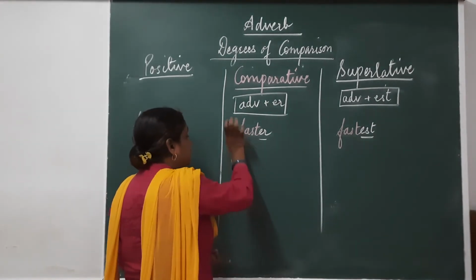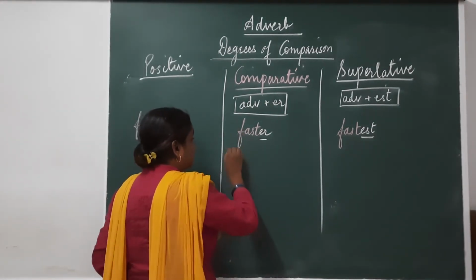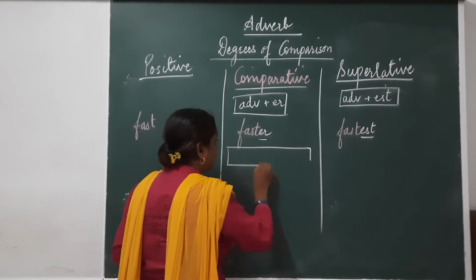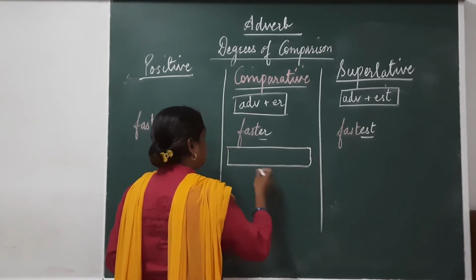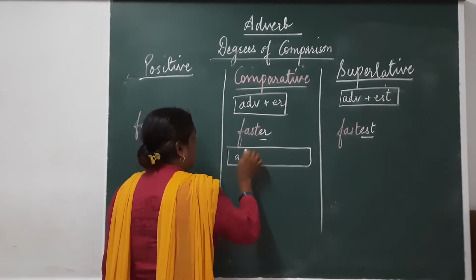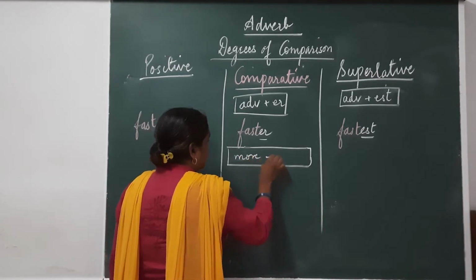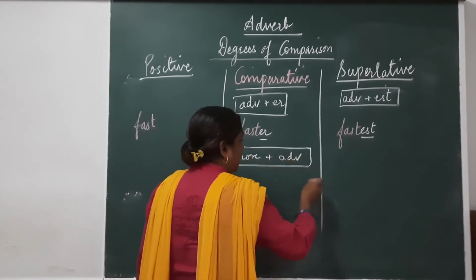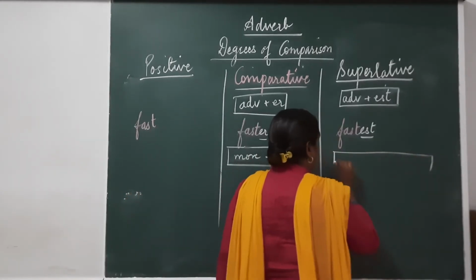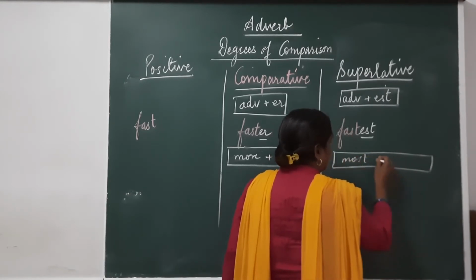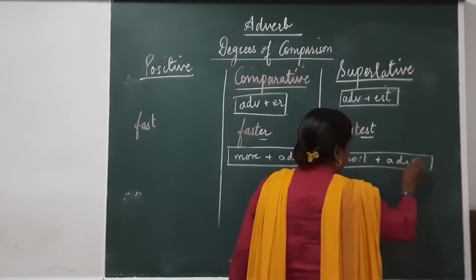This is usually done with those examples which have more than one syllable. So I have more plus adverb for the comparative degree, and most plus adverb for the superlative degree.